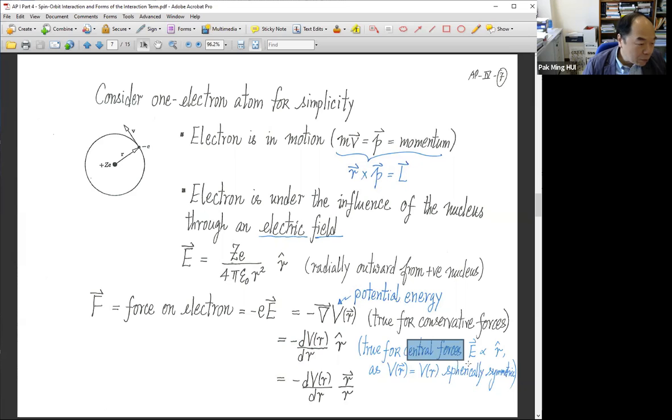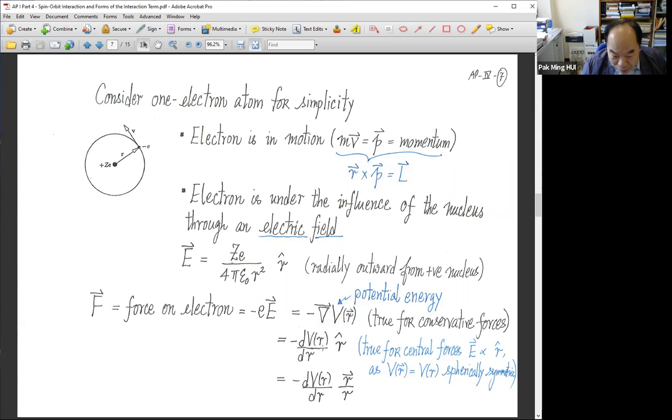Now I'm being careful here because nowadays you will use spin-orbit interaction in many different areas. So later on, in some formula, I will write this form, meaning I may not need a central force in that form of the spin-orbit interaction.